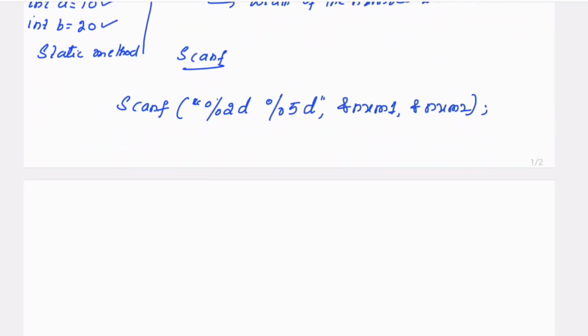Suppose the data is like this: 70 and 32578. These two numbers I have given. My input variables are num1 and num2. So 70 is the first number and 32578 is the second number. The value 70 will be assigned to num1, and the value 32578 will be assigned to num2.